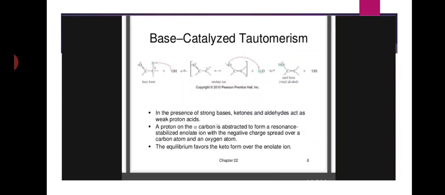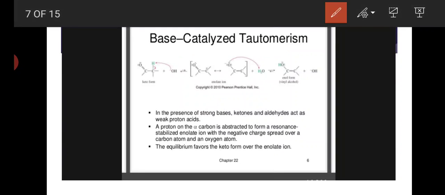Next is base catalyzed tautomerism. In this particular reaction, base initiates the reaction, so it is called base catalyzed tautomerism. Here this is keto form, C double bond O. Here OH minus is a base.